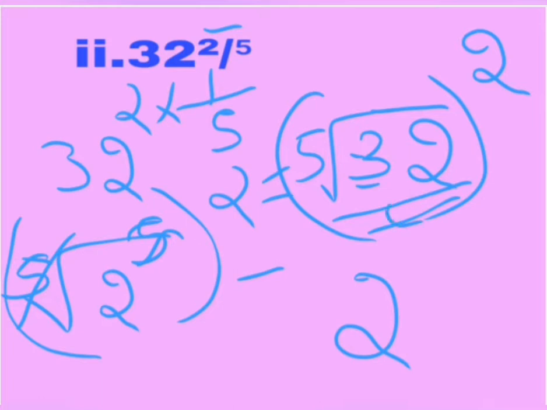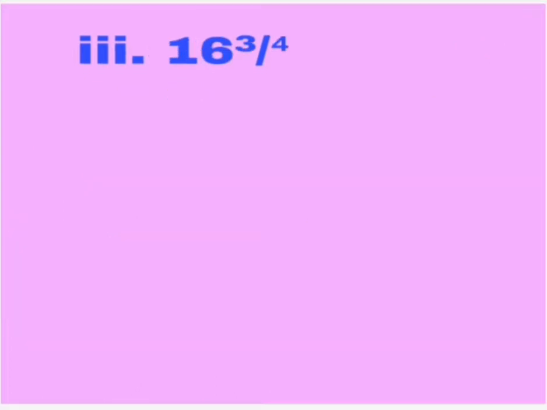Now 2 to the power 2 means it is equal to 4. As we all know, 2 to the power 2 is equal to 4. So that is the solution for our second sub question. Hope you understood. Next, move on to the third question.